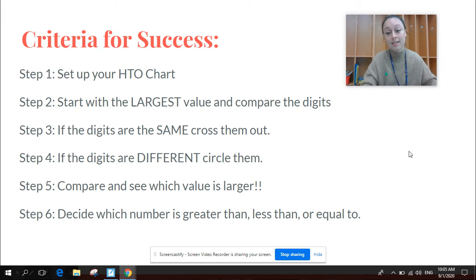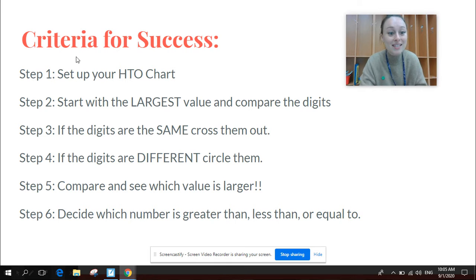Now, what this does, I think about it, if I'm in the kitchen and I'm cooking something, if I'm following a recipe, can I skip part of my recipe or part of the directions? No, of course not, because if I skip part of the directions, my cake or brownies are going to turn out so gross, so bad, and it's going to turn out all wrong.